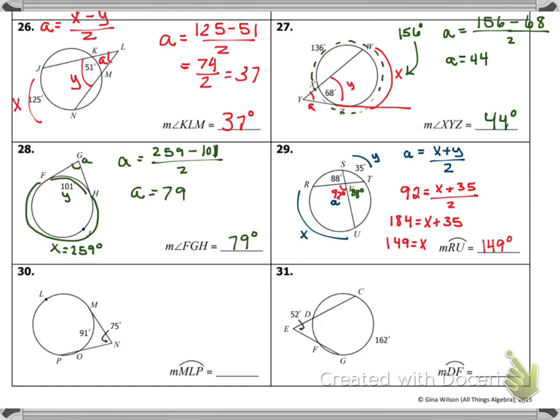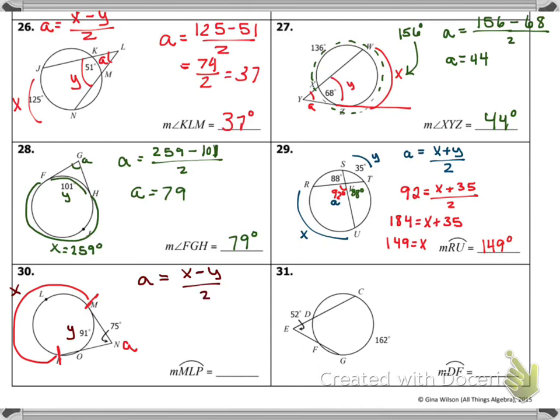Yay. Number 30. I have 75 degrees right there. I need to know what MLP would be. Let's remember our formula. 75 would be like the A here. My outside would be the X, and this inside angle would be the Y. And I have to remember that for this type, A is equal to X minus Y divided by 2.